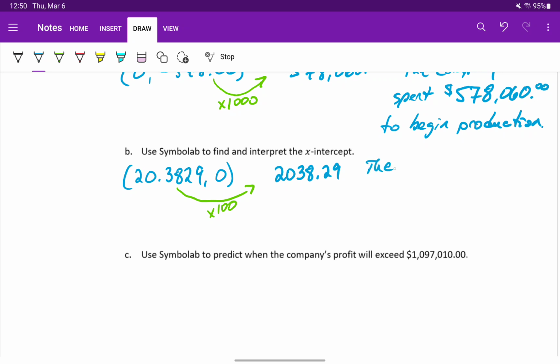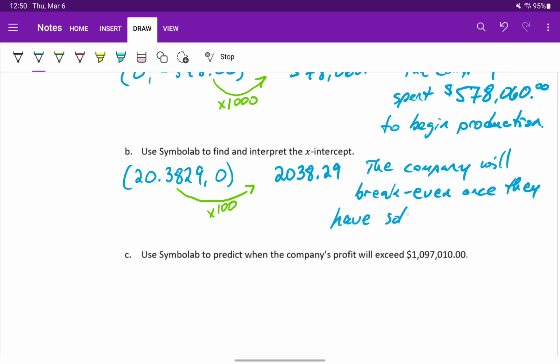So this tells us that the company will break even once they have sold at least, and we need to go ahead and round this up, because if we rounded this down, 2,038 units wouldn't be enough. We have to sell a little bit more than that. We can't sell a fraction of a unit, so we'll round this up to 2,039 units.